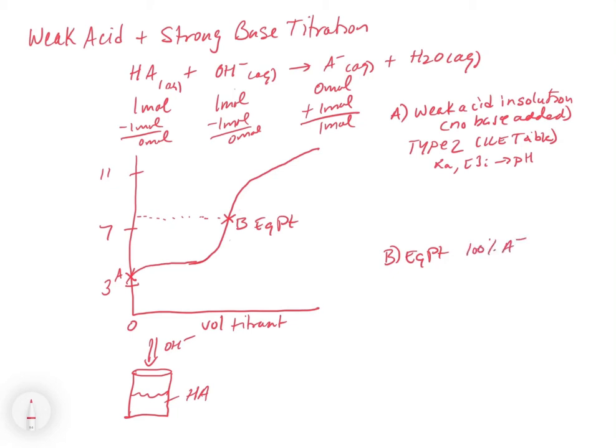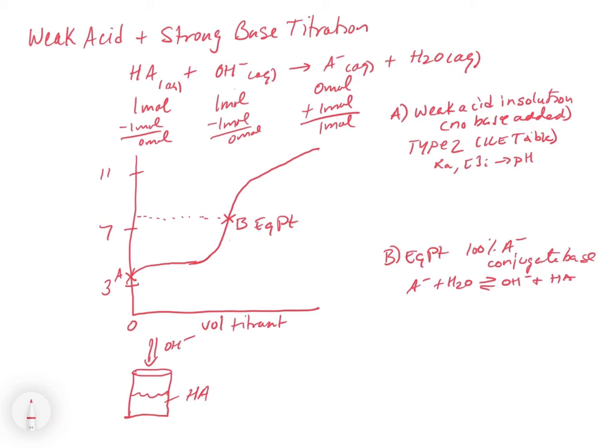Now, unlike in the case where we had a strong acid and strong base, A minus is the conjugate base. And so therefore, it is a base in this case. So A minus will react with water to make OH minus and HA. We saw this problem, this type 2 problem, in the hydrolysis section.